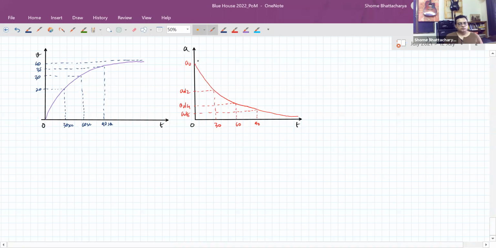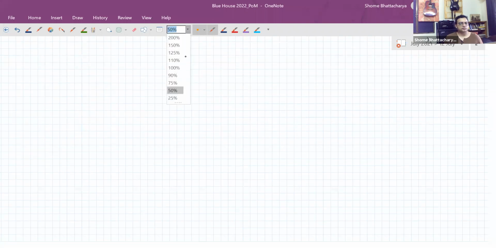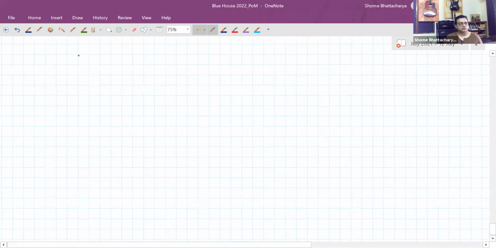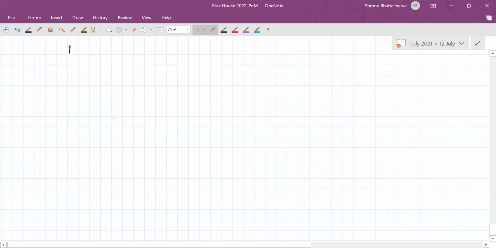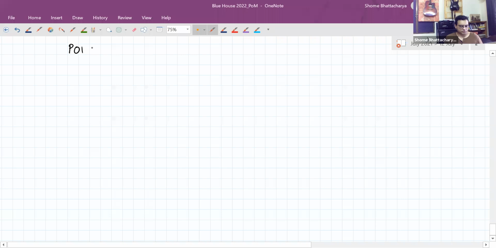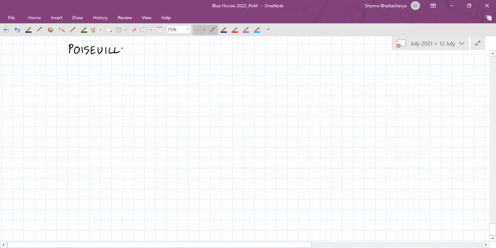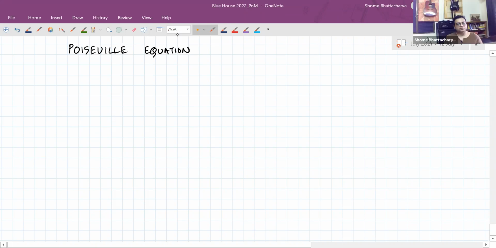Okay, so that brings us to the absolute last part of viscosity: something called Poiseuille's equation. I struggle with the spelling. I think I have got the spelling right.